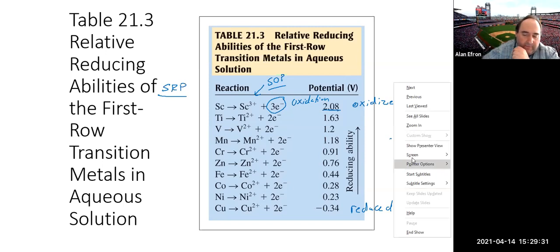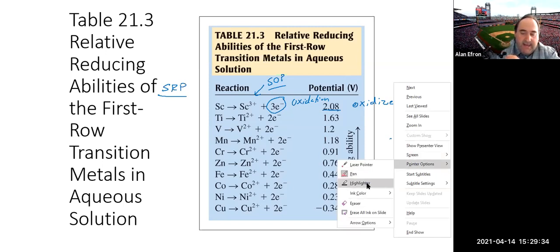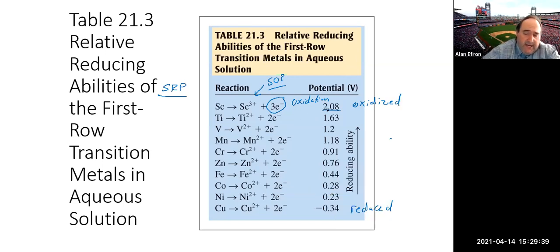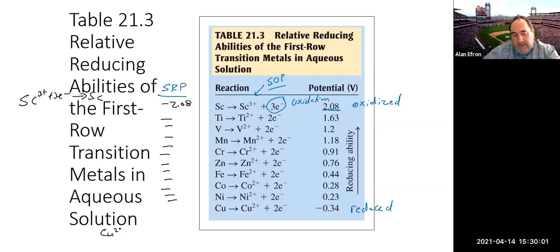What would happen if I reverse each of these reactions and turn them into a standard reduction potential? That means that the sign of each of these changes. So if I turn this one into a reduction reaction, like Sc3+ plus 3 electrons goes to Sc, it would be negative 2.08. The next one would be negative, negative, negative, all the way down until my copper, which if I flipped it around, would end up being positive 0.34 volts.